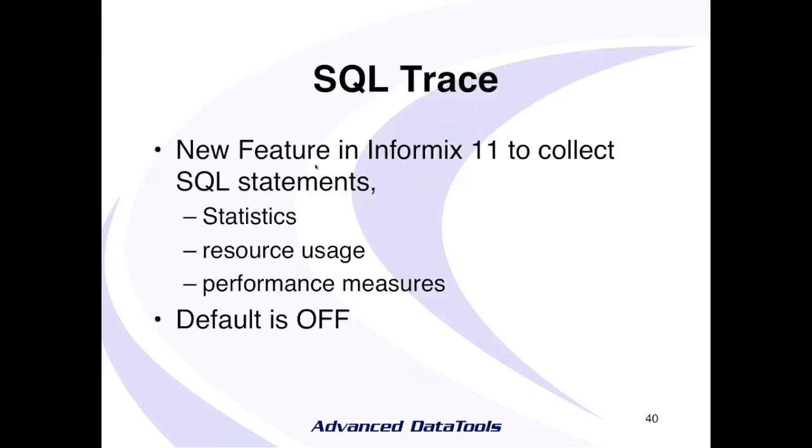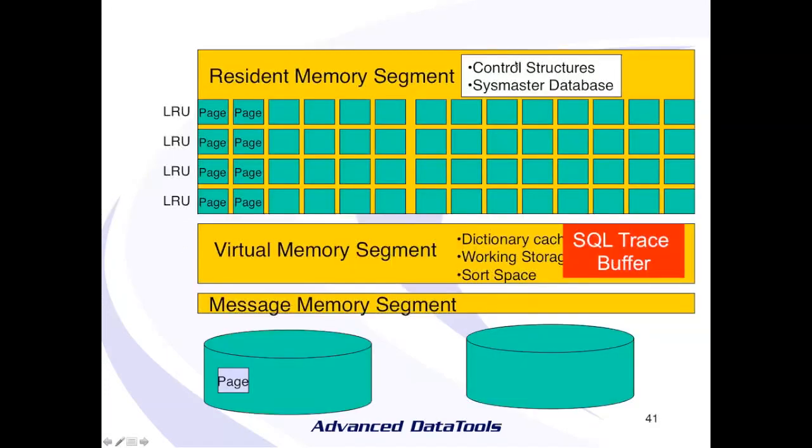So SQL Trace is a new feature in version 11, and it allows you to collect SQL statements, statistics, resource usage, and performance. The default is it's turned off. Now, what SQL Trace does is it creates a buffer in the virtual segment of memory.